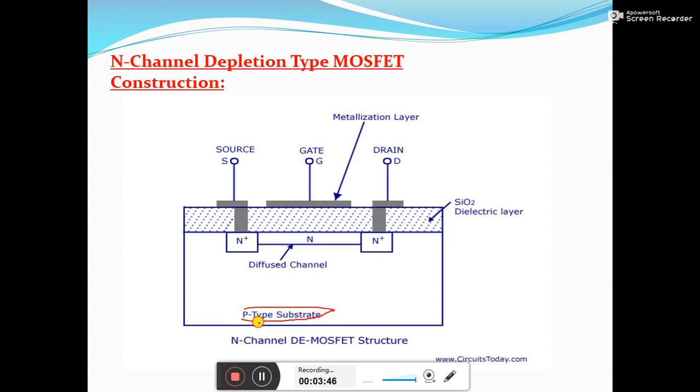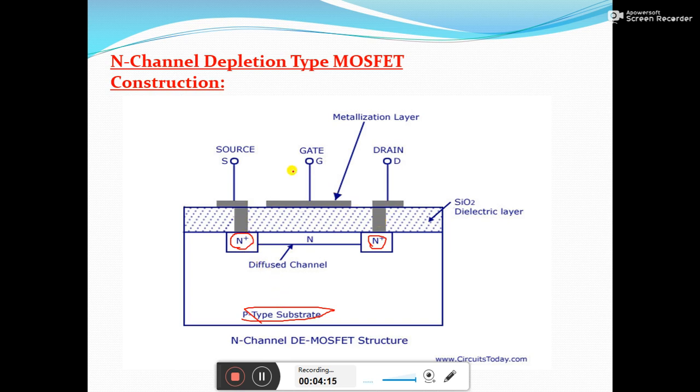On this lightly doped P type substrate, two heavily doped N type materials are diffused. The heavy doping is indicated by the N plus symbol here. So these two heavily doped N-type layers are diffused on the P-type substrate, and two metallic contacts are made.